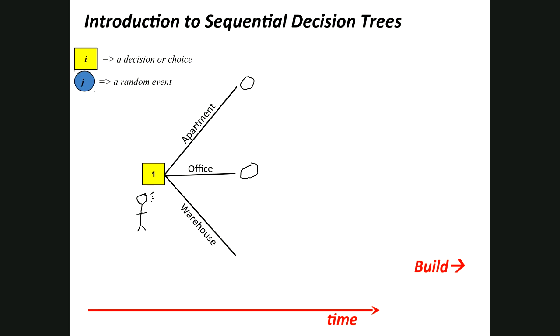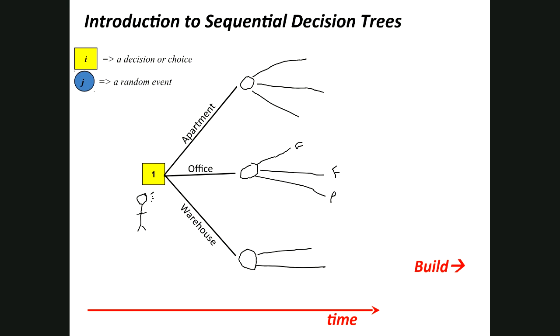That random event is where we will wait to determine what the future state of the economy is. Either it's going to be good, fair, or poor. And that's going to be the same for each one of these choices, because if we invest in the office, the outcome of the future is going to be good, fair, or poor. And then the same thing for the warehouse. So then that's going to look like this.